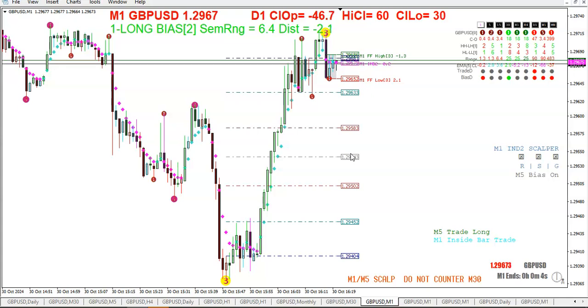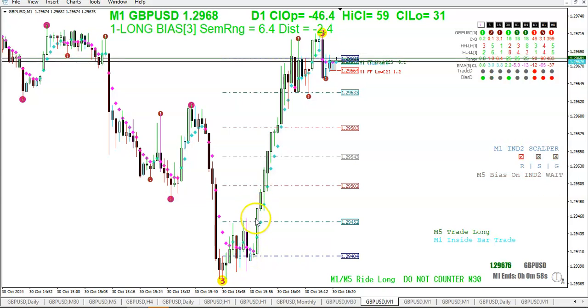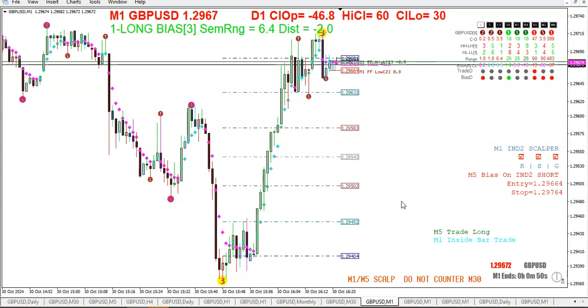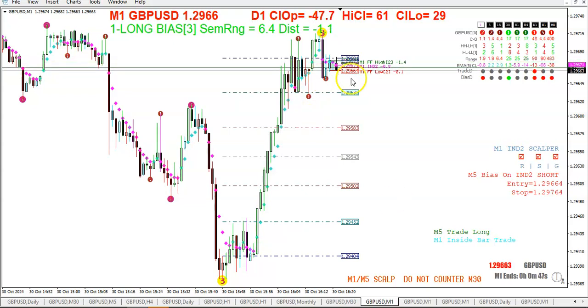Things have slowed down, but there's this nice big range bar here. Okay, we just got a flip-flop box to the downside.